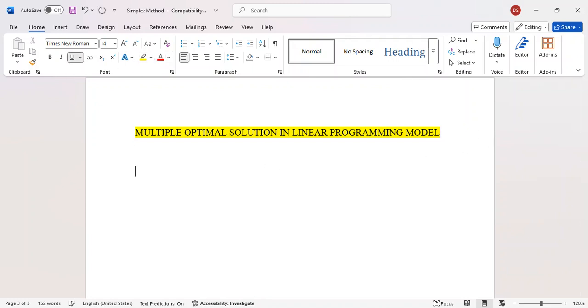Multiple solutions come into picture in two conditions. I am just writing here, multiple solutions will come in two conditions.